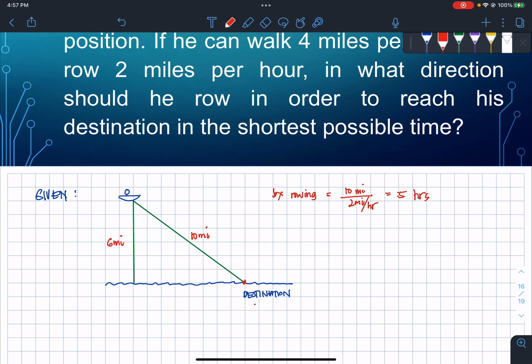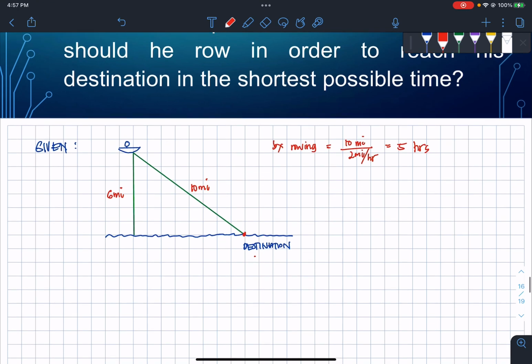The other one, by the way, if that person will row the 6 miles, that means he will just go perpendicular to his current position.